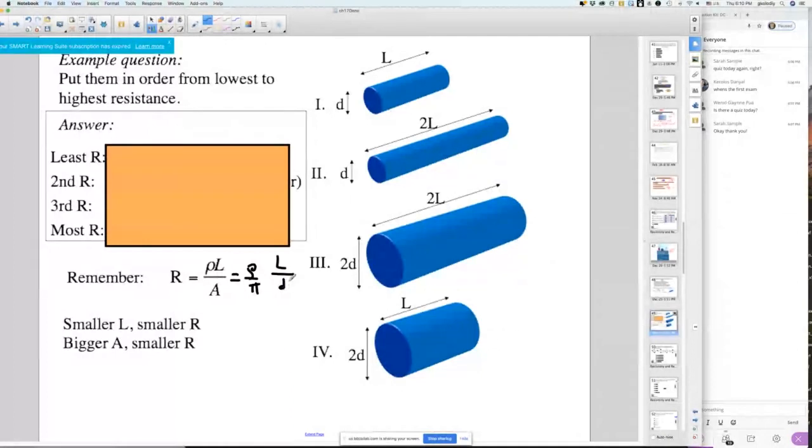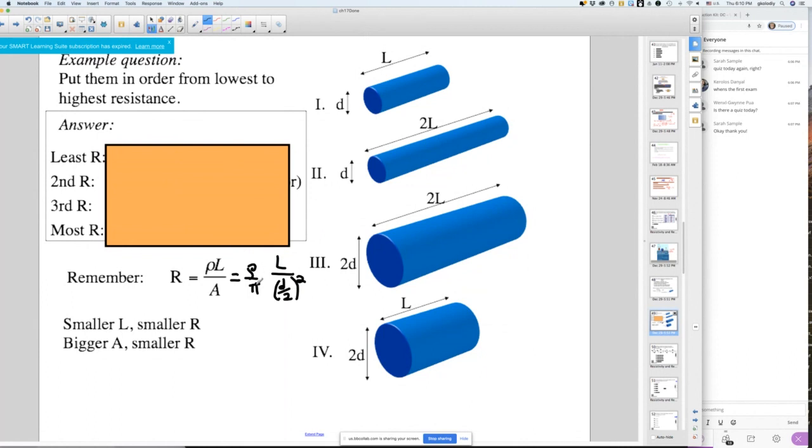Pi r squared is the area of a circle. You're given the diameter, so the radius is half the diameter. So pi times d over 2 squared. We don't need to be concerned about these because they're the same for every wire. Rho is the same, pi is the same.